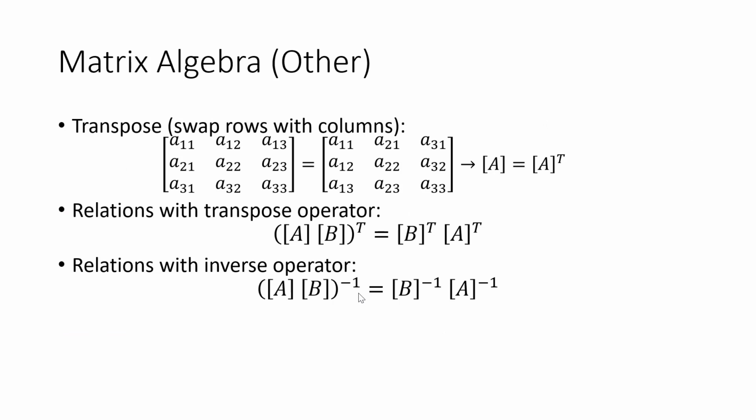Some other things that we have with matrix algebra is this notion of transpose, and that's simply where you take the previous rows and make them the new columns. So the A1 row, A11, A12, A13, becomes the first column, A11, A12, A13.